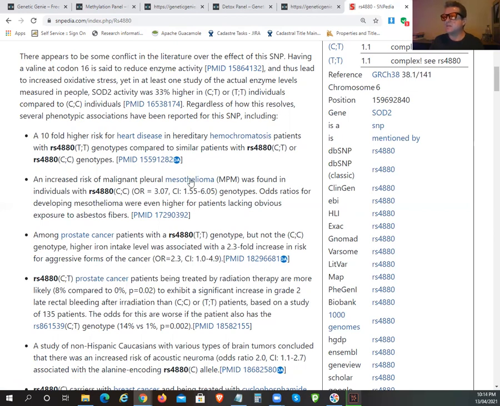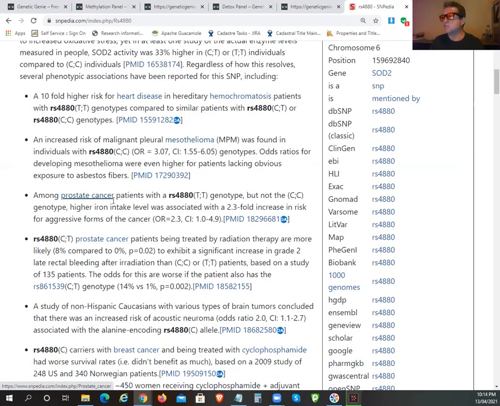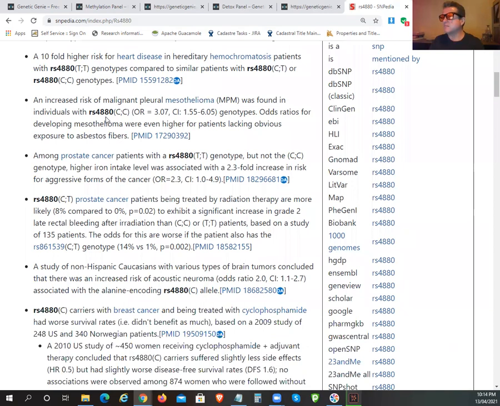So there's less risk on the other one. An increased risk of malignant pleural mesothelioma was found in individuals with a CC, prostate cancer with TT, but not with CC, which is what I am.